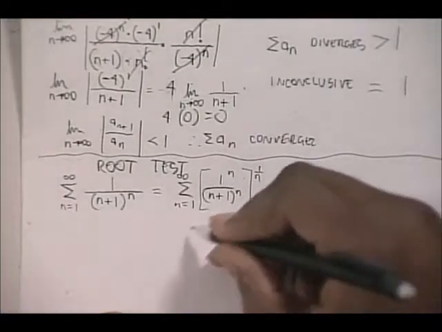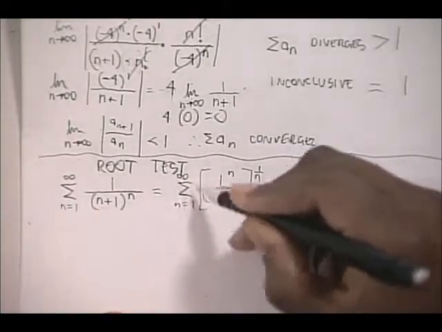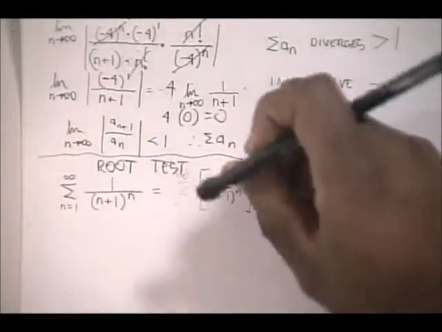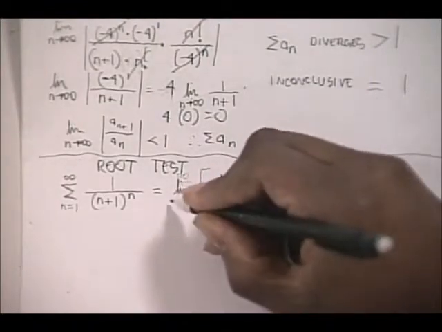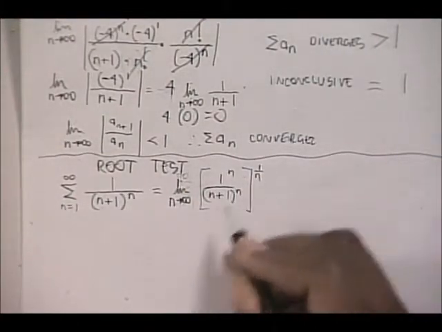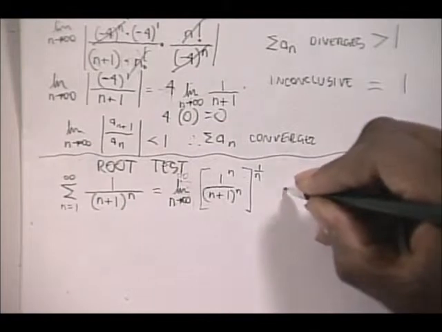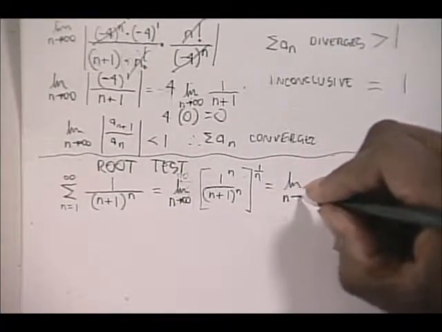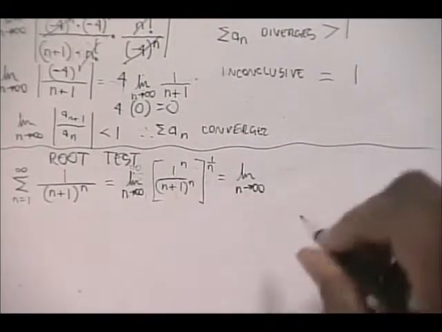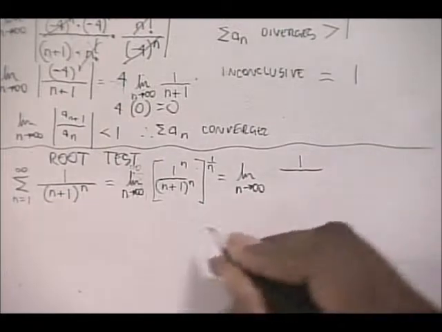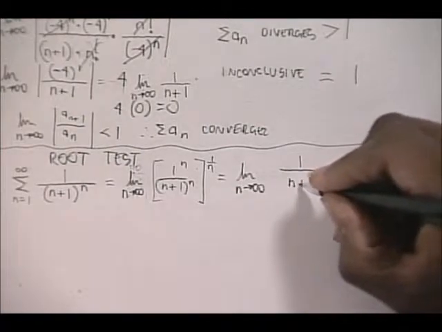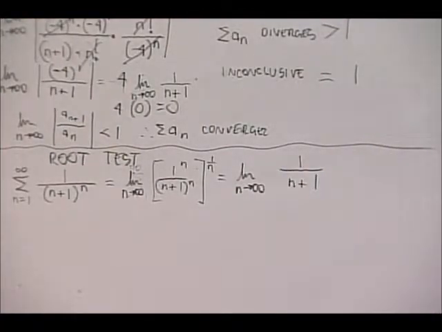You evaluate the limit as n approaches infinity of the nth root of 1 to the n, which is just 1, over the nth root of (n plus 1) to the n, which is just n plus 1.